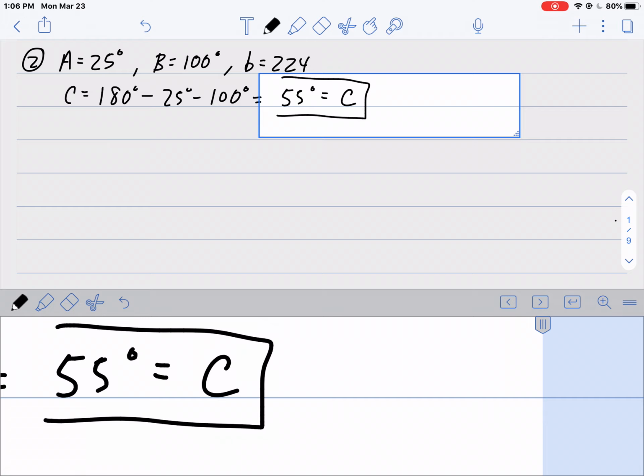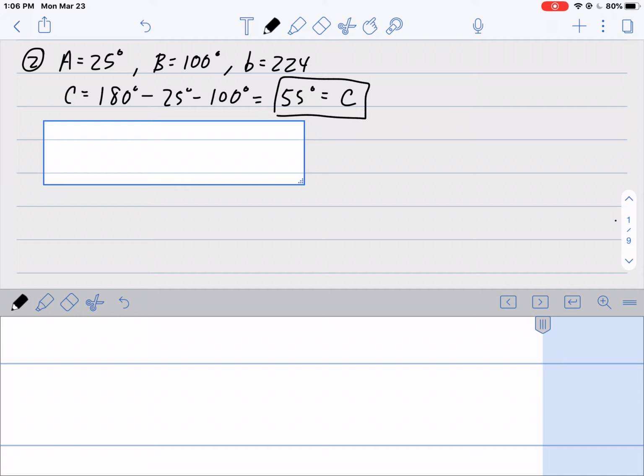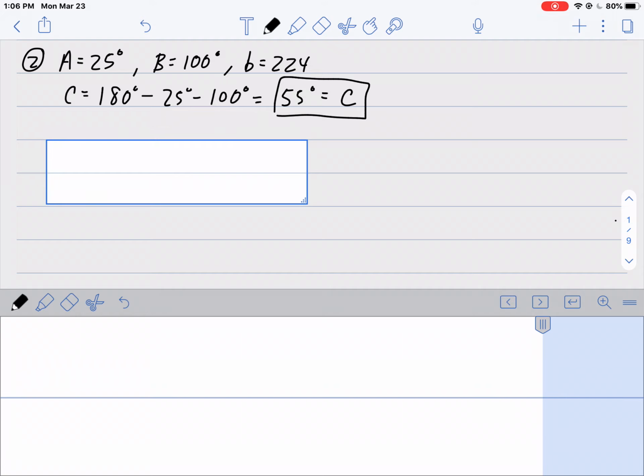So there's our missing angle. And then finding the lengths of the two missing sides, right? Now again, we're basically in the same situation we were in with number 1. I know all three angles, I'm missing two sides. Let's set up the proportions.